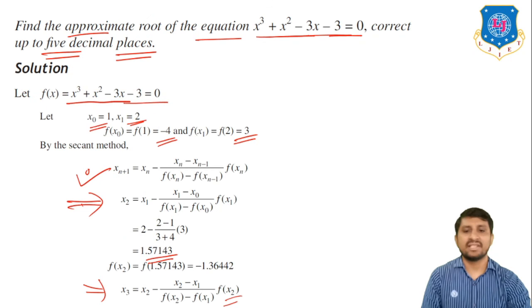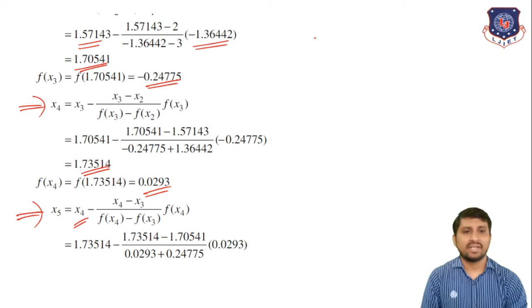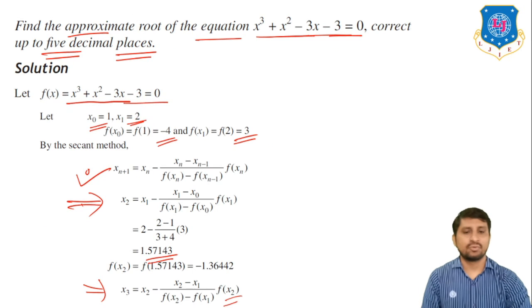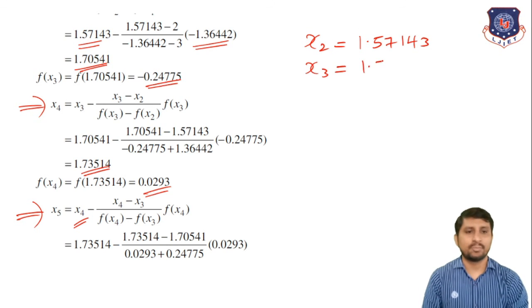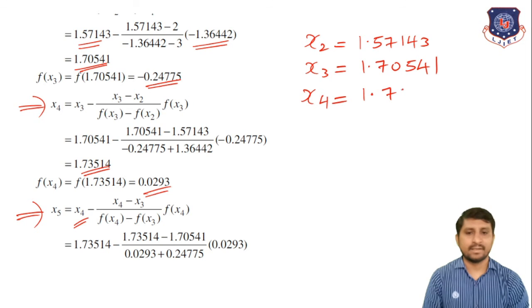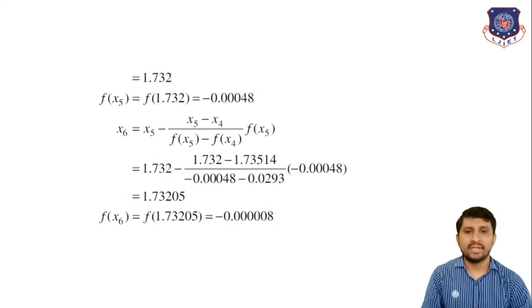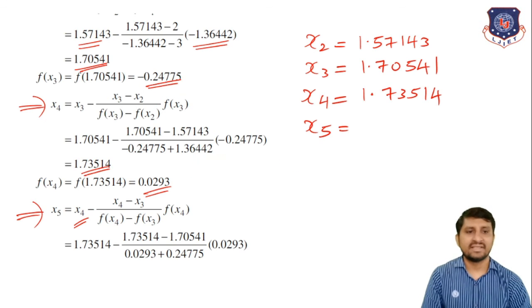You can see what x2 is, which I just mentioned here. x2 is 1.57143. What is your x3? x3 is 1.70541. What is your x4? x4 is 1.73514. And what is your x5? x5 is 1.732.